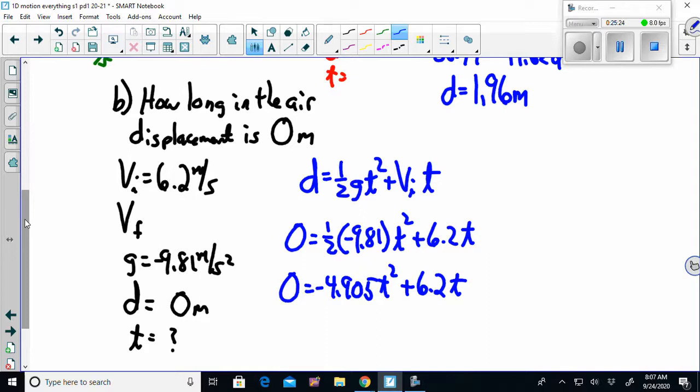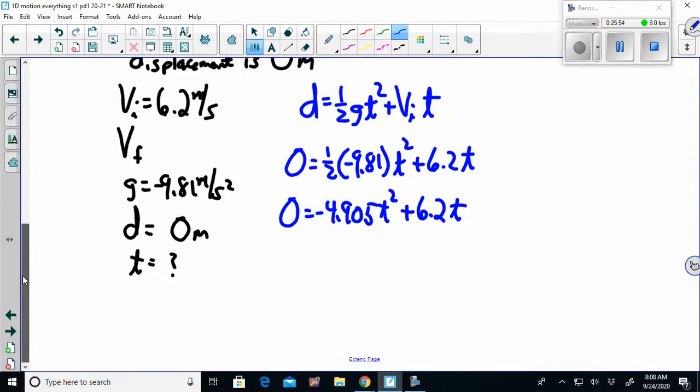You can graph it, you can factor it, you can use the quadratic formula, or you can complete the square. I'm sure you remember all 4 of those ways. Right? Graphing, completing the square, quadratic formula, factoring. I'm going to choose to factor this one because that's the fastest, easiest way to do this one.